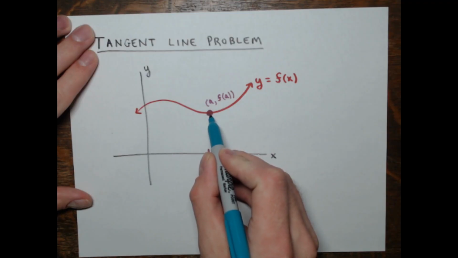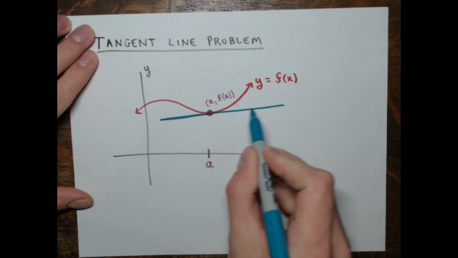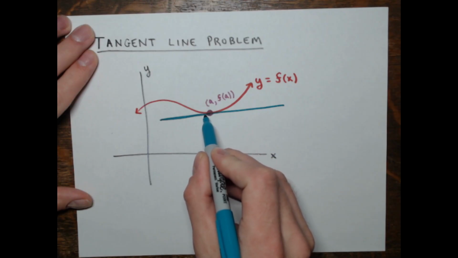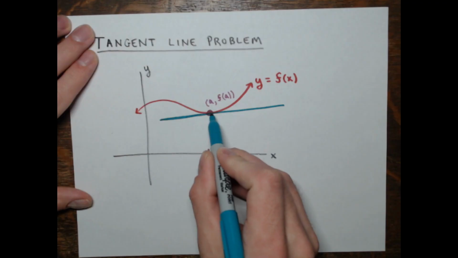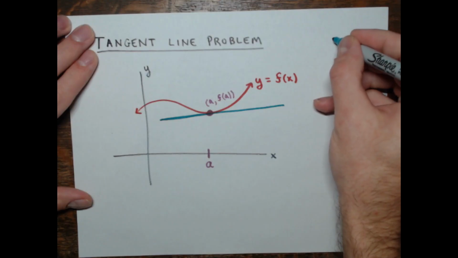So if I want the tangent line to a curve at a point, it's the line that goes through that point, but also is tangent to the curve. That means it points in the same direction that the curve is going in at that moment. All right, kind of like the tangent to a circle, right?